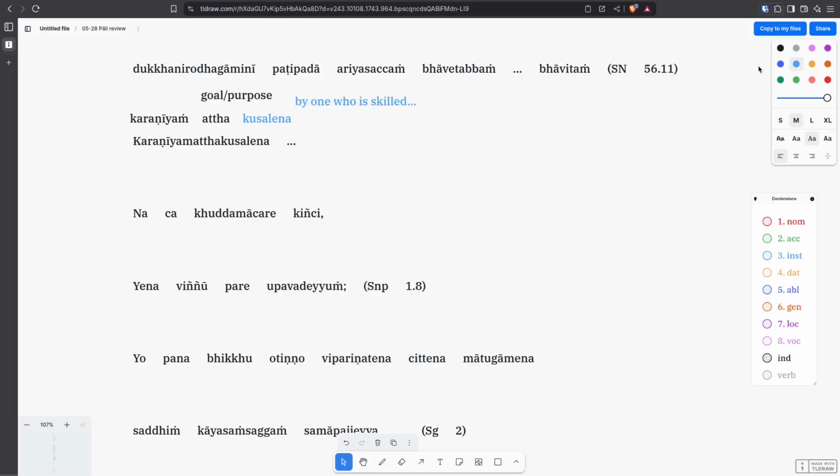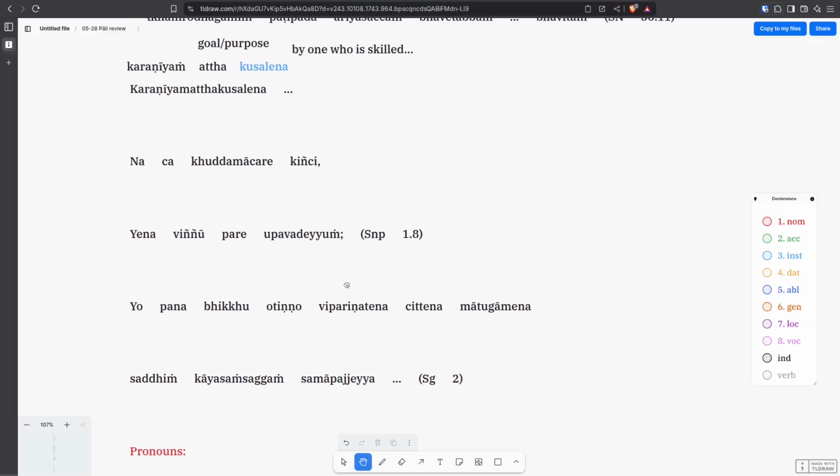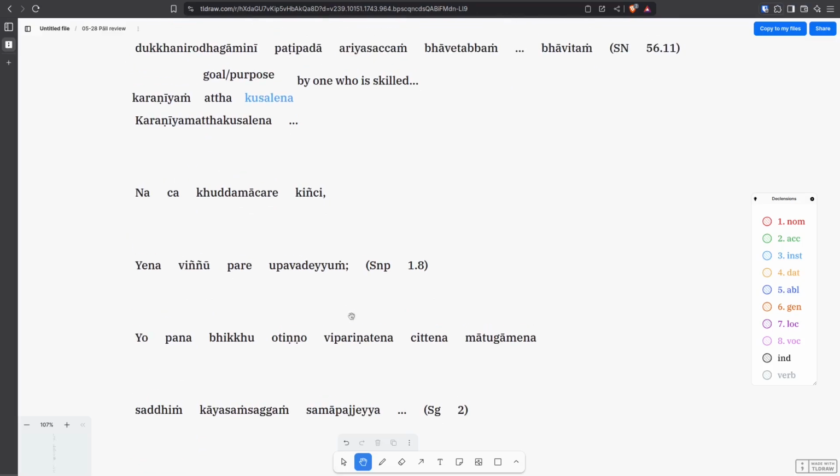Can you continue, please? Nacha kuddam achere kinchi. So this is another example where the manuscripts differ. We were just recently chanting the Metta Sutta with some Sri Lankan monks, and I noticed they have a few lines different. We have kuddam samachare kinchi, but here it is just kuddam achere kinchi. It doesn't matter for the meaning very much. Sam is just a prefix that can be there or doesn't have to be there.